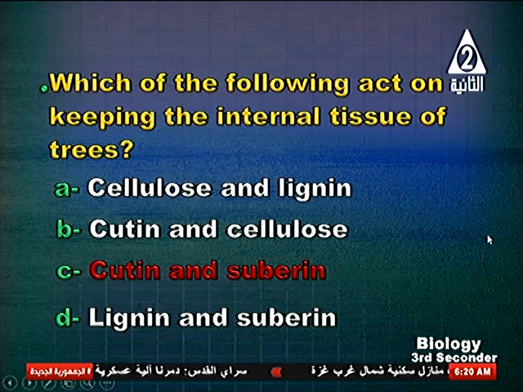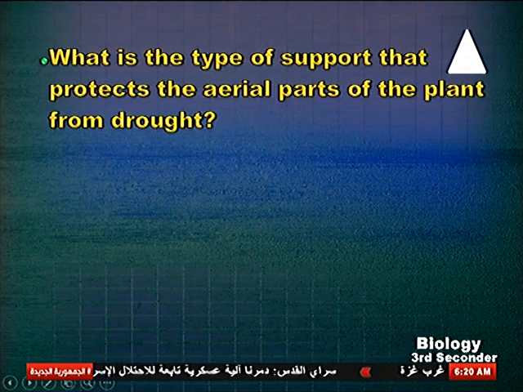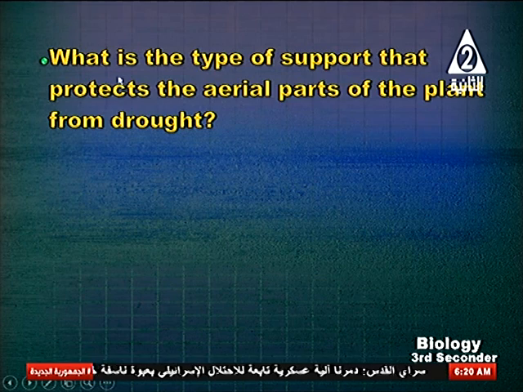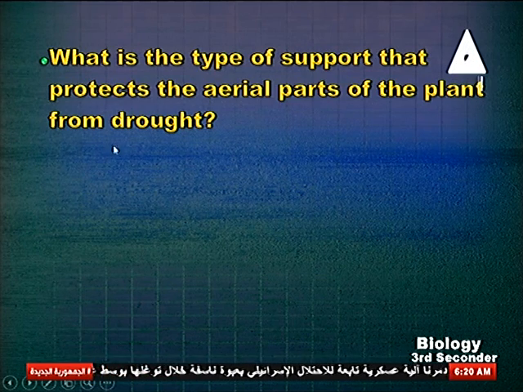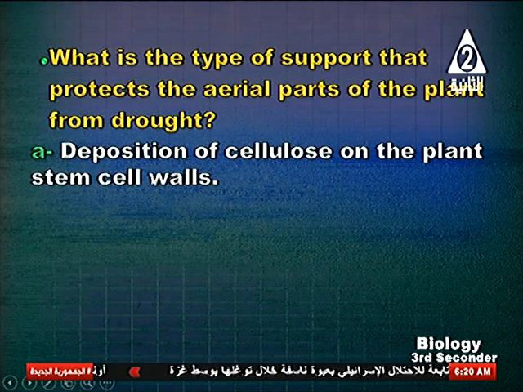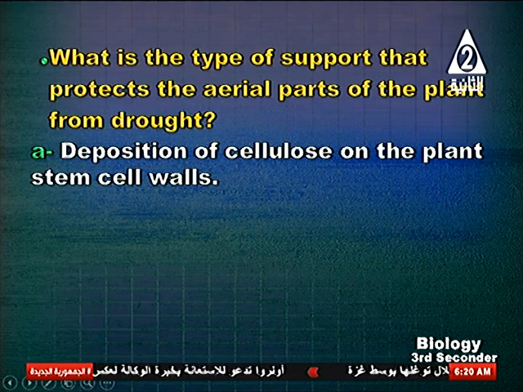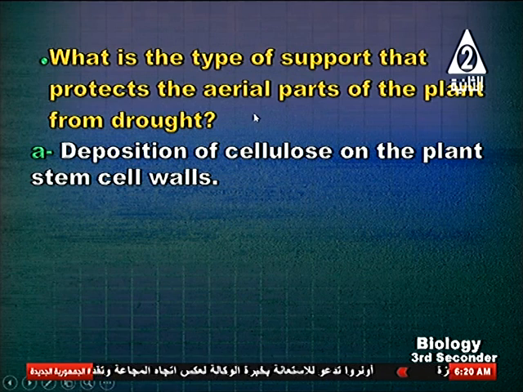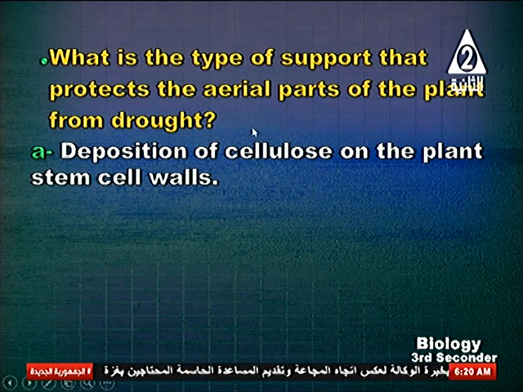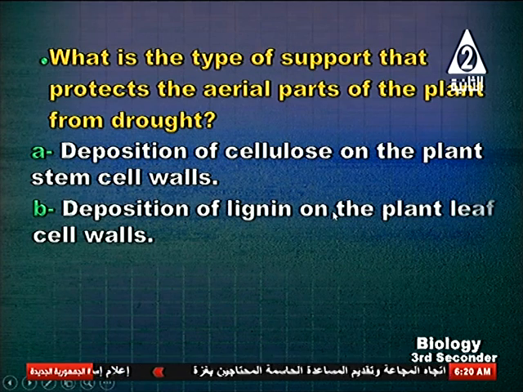stem and the plant. Another question: what is the type of support that protects the aerial parts of the plant from drought? Aerial parts meaning parts exposed to air, such as stem and leaves. Drought meaning lack of water. Okay.